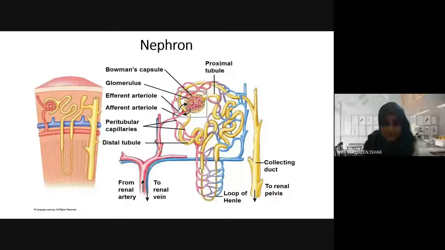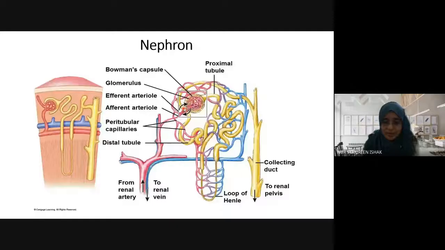From this diagram here, this is the renal artery, and then it enters into the glomerulus. The blood vessel that enters into the glomerulus here, we call it the afferent arteriole. Afferent arteriole enters into the blood vessels in the glomerulus and then out to the efferent arterioles.